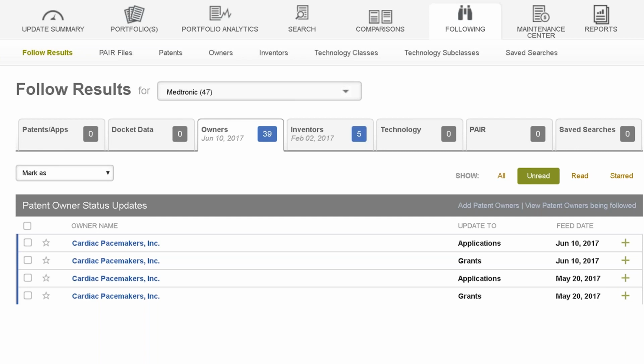If we have docket data, we can watch them at the docketing level, with an internal tool. We can look at ownership, maybe an owner changes over time. We can look at who the inventors are, look at the technology. We can look at the PAIR data and look at all that as it changes and modifies.